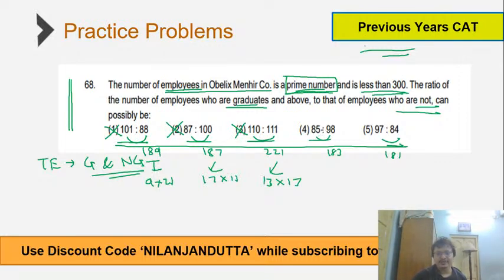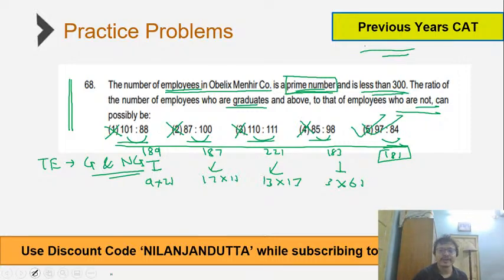The fourth one is 183, which is 3 into 61, again not a prime number. The only one which is a prime number, however, is option E, that is 181.